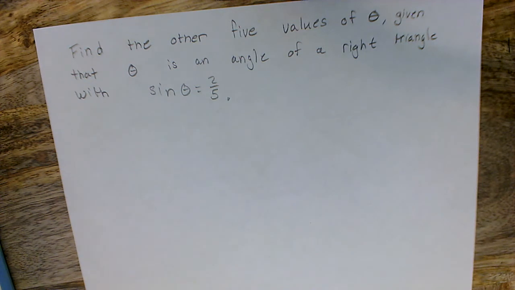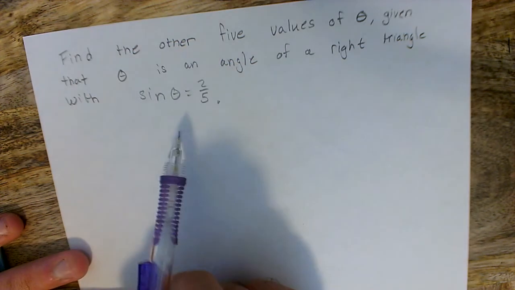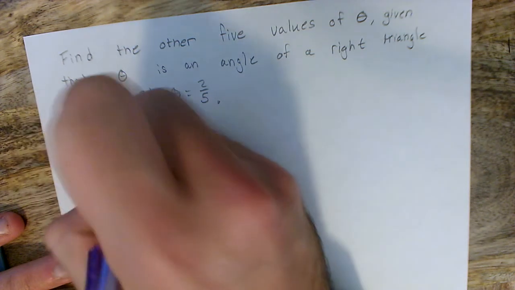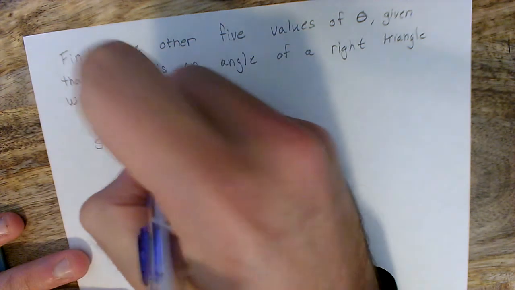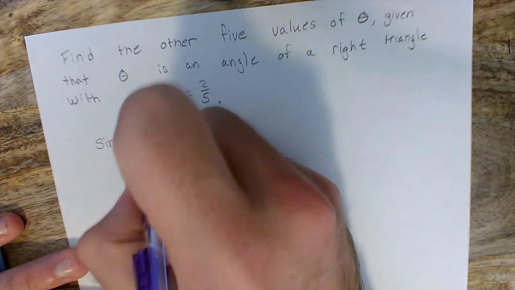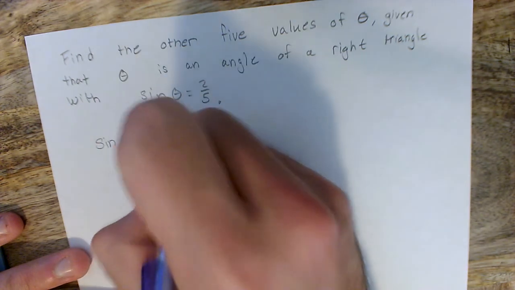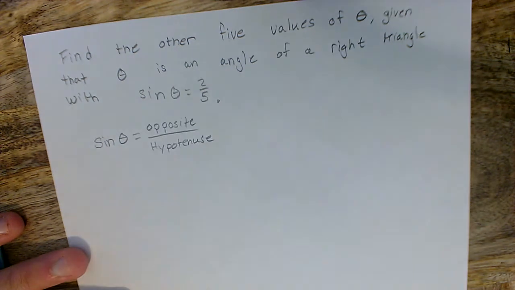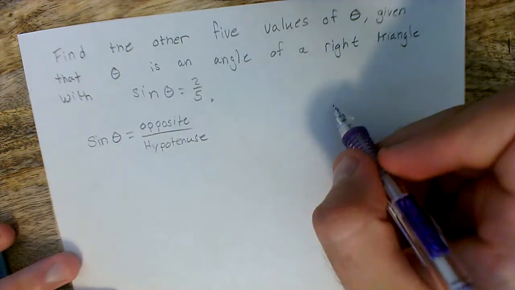Okay, so we got to remember, what does sine theta equal 2/5 mean? Well, sine theta was opposite over hypotenuse. So we can draw a little sketch of a triangle here.